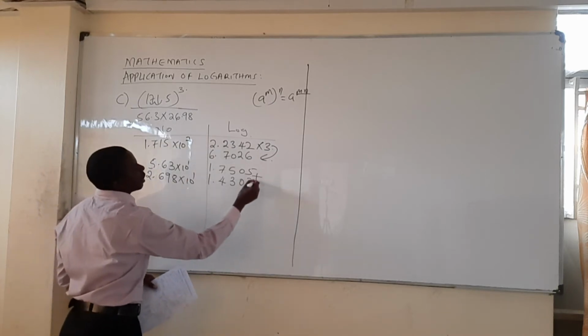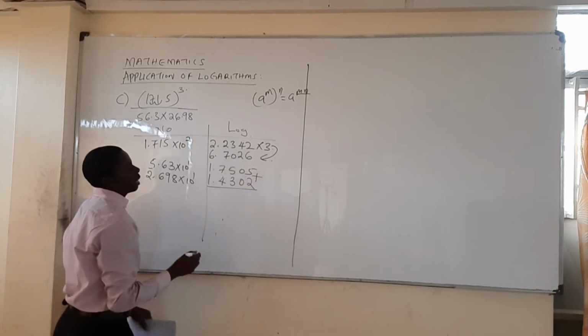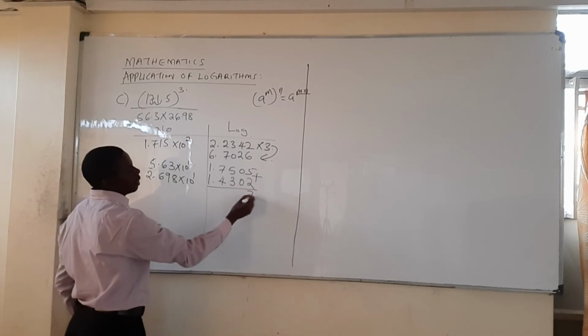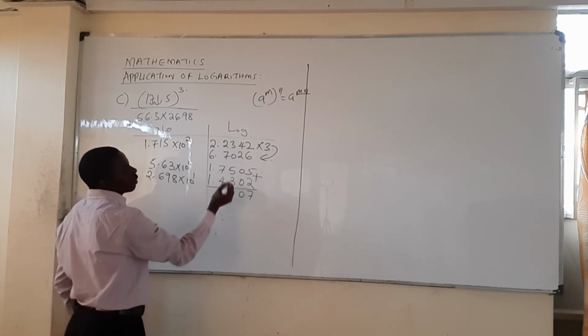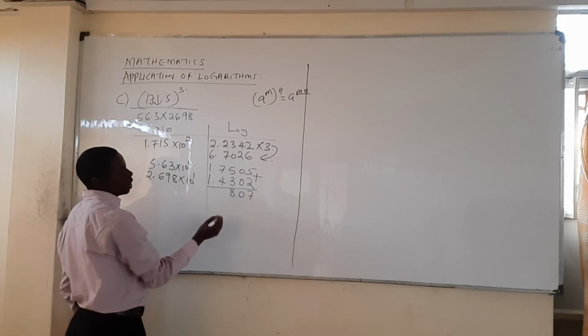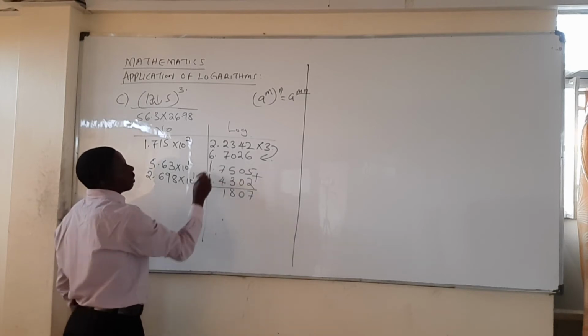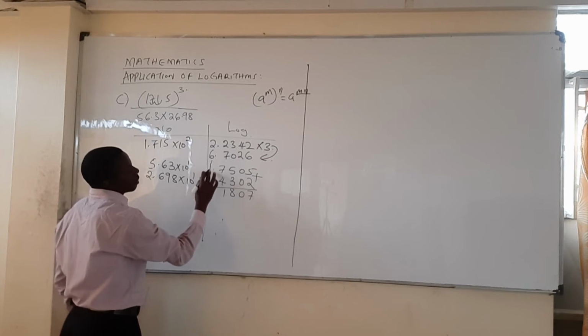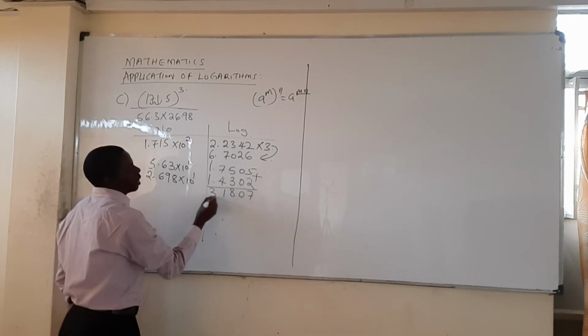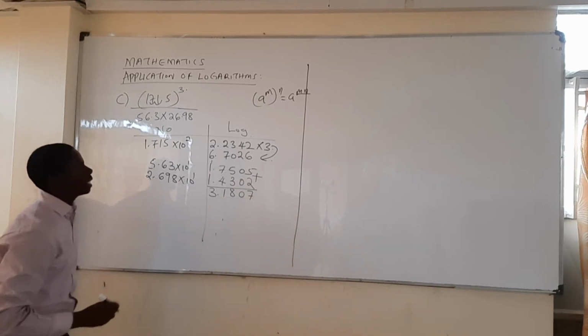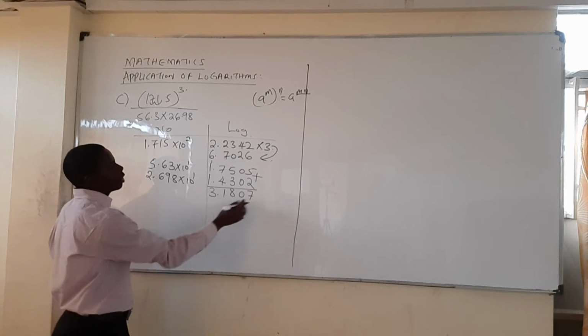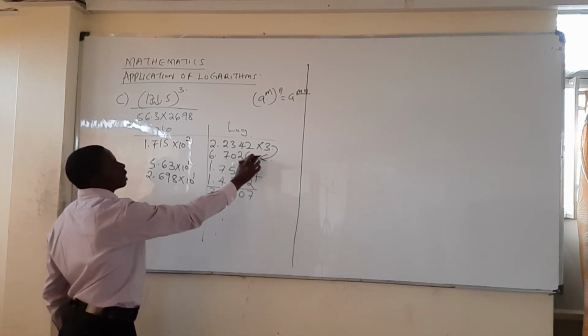Then we had multiplication in the denominator here. So we are going to add the two logs. So get 5 plus 2, 7, 0 plus 0 is 0, 5 plus 3, 8, 7 plus 4, this is 11, carry 1, so we'll be having 1 plus 1, 2 plus 1, 3, 3.1807. So this is the denominator, and this is our numerator here.